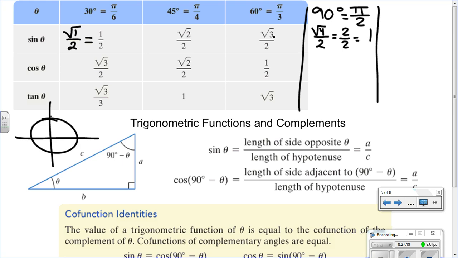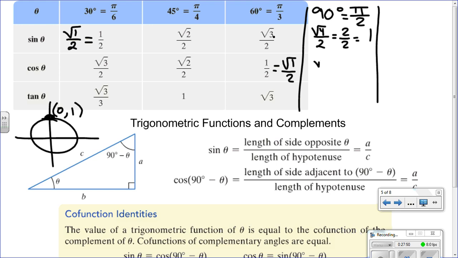And you know that 90 degrees is right here. What are the coordinates of that point? 0, 1. Isn't it true? And sine is the what? Sine is 1. Okay, now when we go in reverse, let's find, this will be the square root of 1 over 2, the square root of 2 over 2, the square root of 3 over 2.